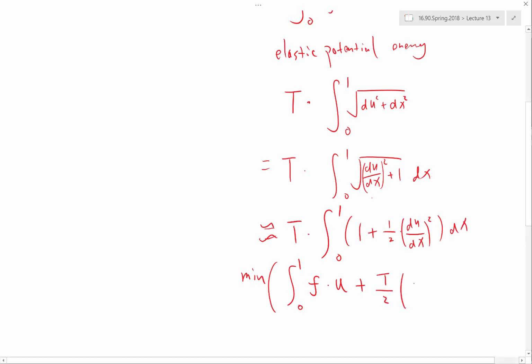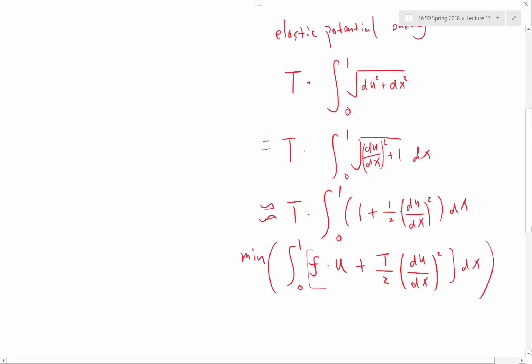Half of T times du dx squared, dx. So the physical problem is that the ultimate deformation of this string is going to be a function u such that this integral is minimized.